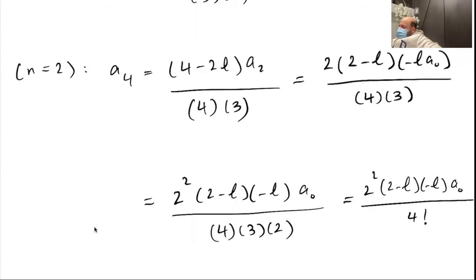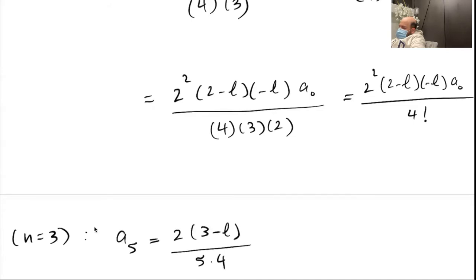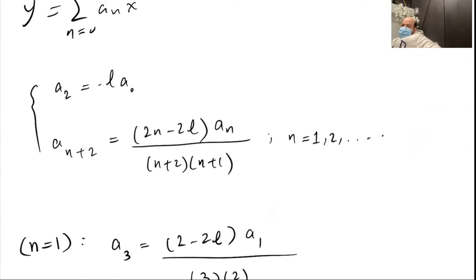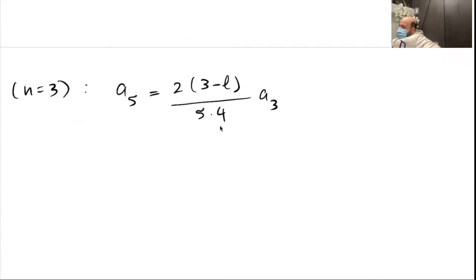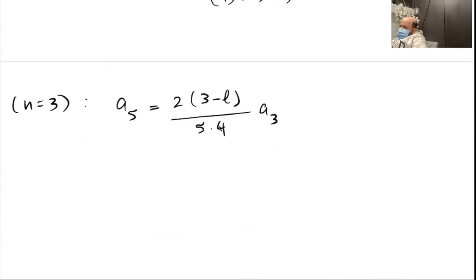And then what about a5? Now let's replace n with 3. a5 would be 2 times (3 minus l) over 5 times 4, times a3. The numerator becomes 6 minus 2l times a3, and 6 minus 2l means 2 times (3 minus l). And now what is a3?